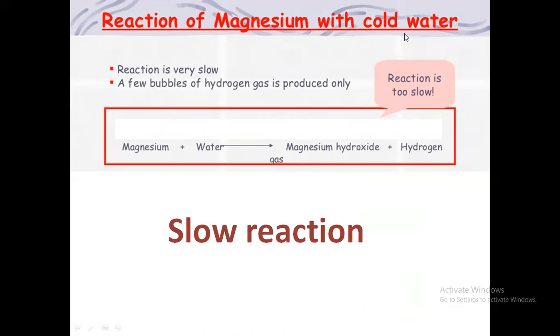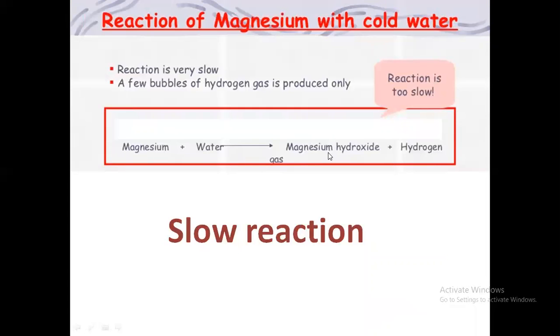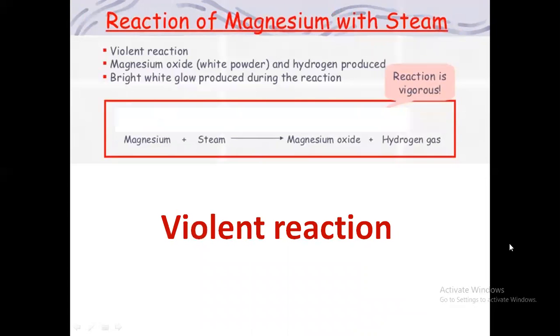Now let's take an example of magnesium. When magnesium reacts with cold water, that reaction is too slow. It produces magnesium hydroxide and hydrogen gas, but that is a slow reaction, right? But when magnesium reacts with steam, then magnesium reacts violently with steam.